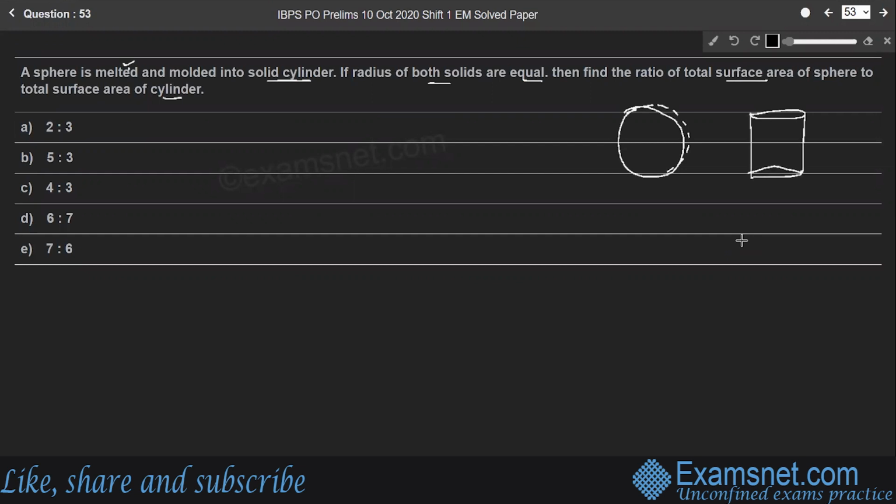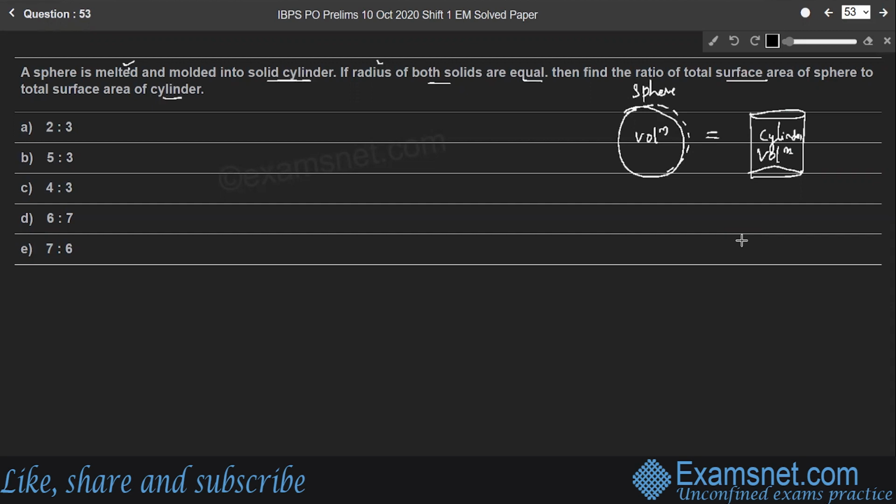When a sphere is melted and molded into a solid cylinder, that means the volume of the sphere is equal to the volume of the cylinder, because the same sphere is molded into a solid cylinder. Therefore, their volumes are equal.